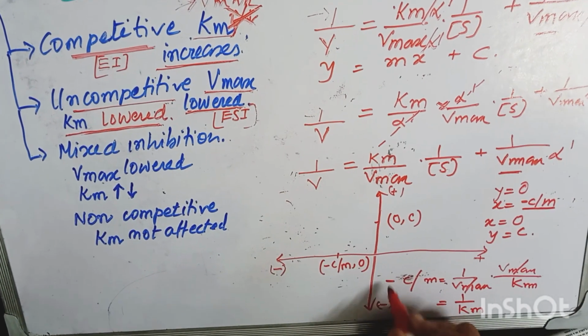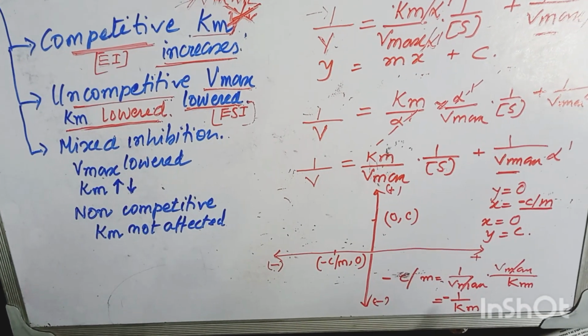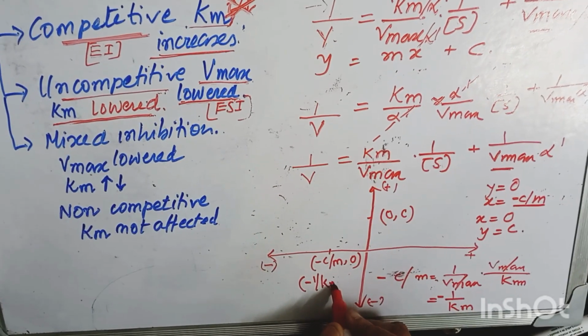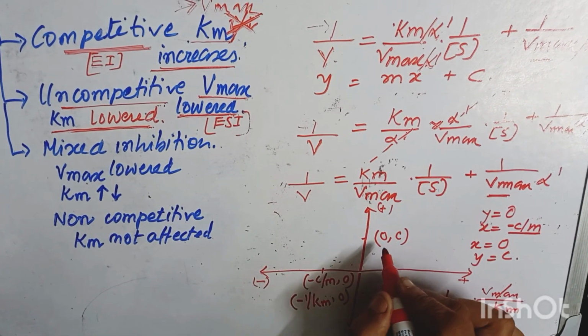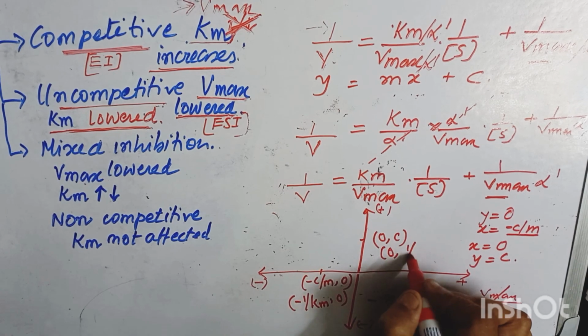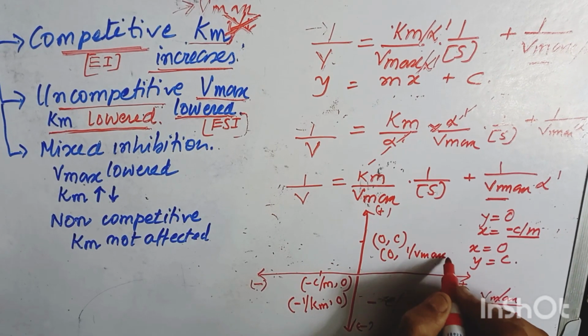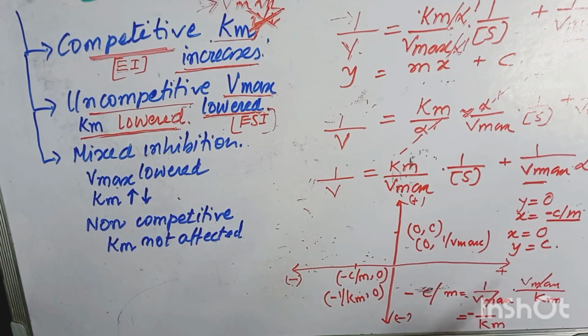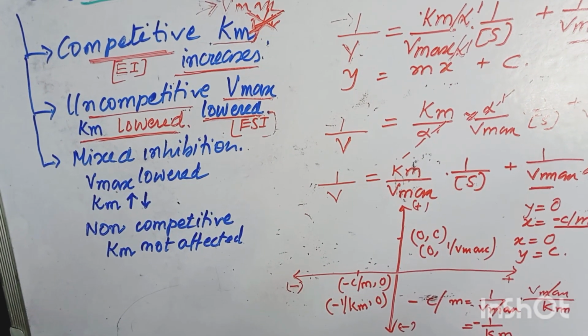So minus c by m is equal to minus 1 by km. This point is minus 1 by km, 0, and this is 0, 1 by v max according to the double reciprocal plot of no inhibition, and we draw a straight line here.